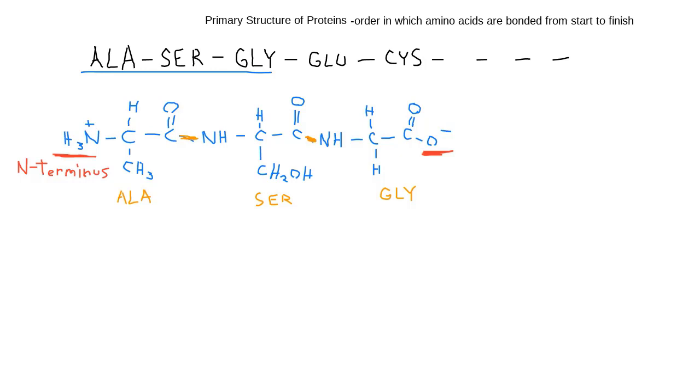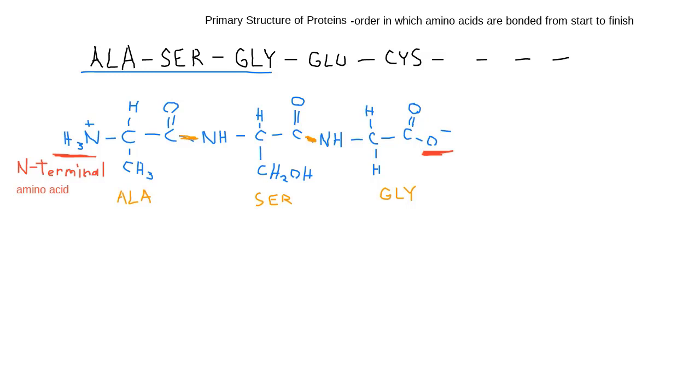And then on the other end, you have the C-terminal amino acid. Sometimes it's called the N-terminus, sometimes it's called the N-terminal amino acid. Just so I'm using the same terminology as your book, I'll write N-terminal amino acid. This is also called the N-terminus.